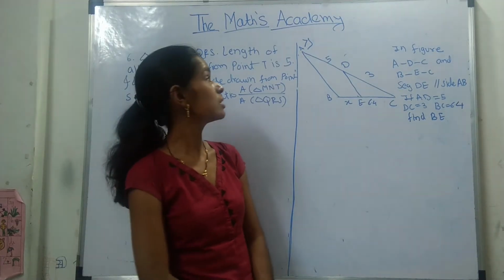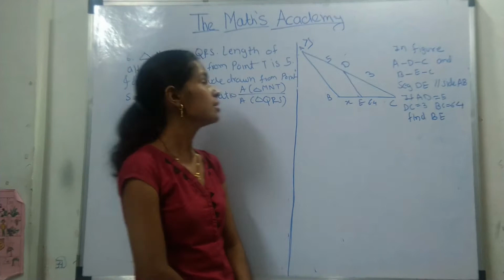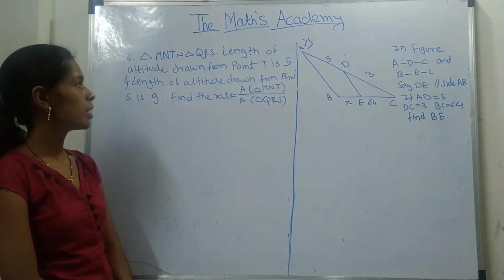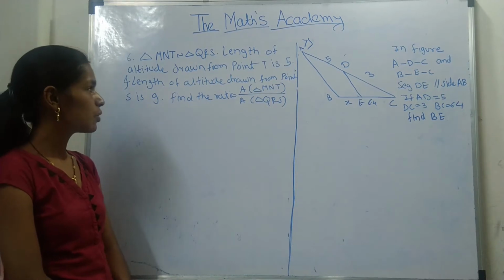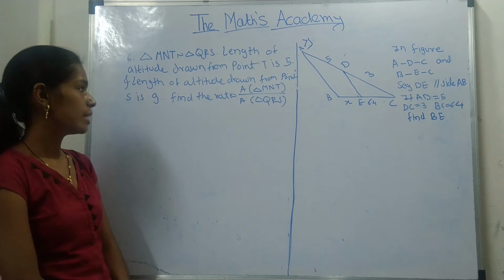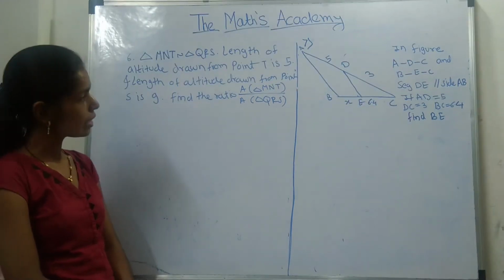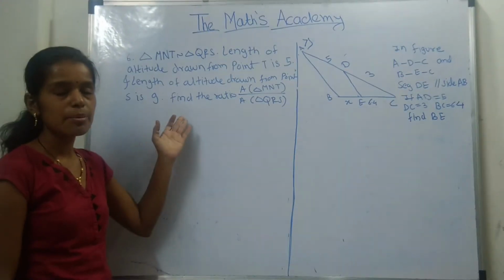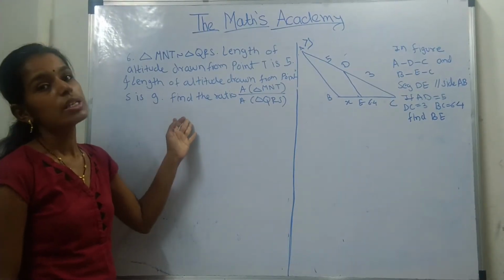So this is our sixth question, 6th and 7th I have written here. In the sixth question you have given that the triangle MNT is similar to triangle QRS. Length of altitude drawn from point T is 5 and length of altitude drawn from point S is 9. Find the ratio area of triangle MNT upon area of triangle QRS. Now this is the example based on ratio of areas of similar triangles.